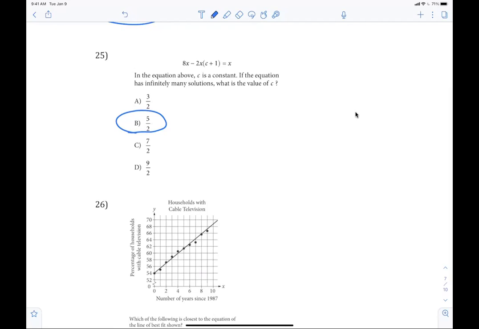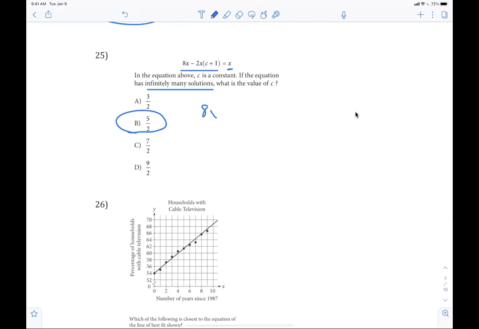B. So remember, if something has infinitely many solutions, it just means it's what? It's the same line. Does everybody agree? Infinitely many solutions mean it has the same line. So this over here is exactly the same as this over here. So I want everything on the left to be X. Does everybody agree?